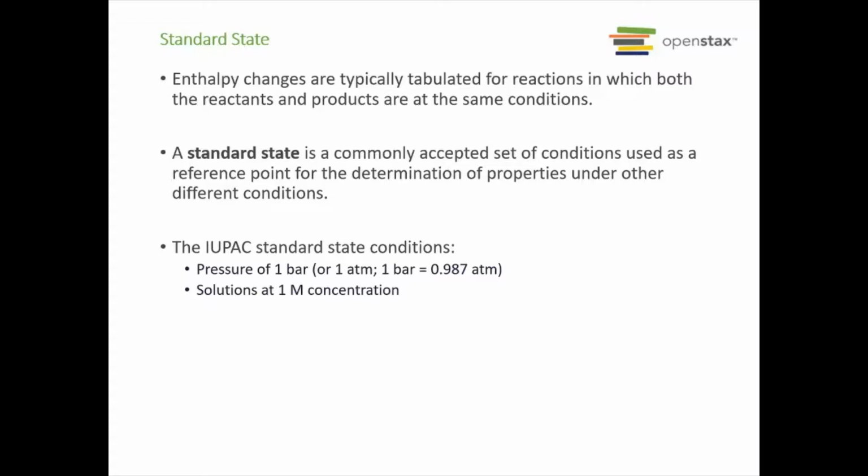Now, we often have enthalpy changes that have already been tabulated where the reactants and products are at the same conditions. And we have what's called standard state, which is a commonly accepted set of conditions used as a reference point for determination of properties under different conditions. The IUPAC standard state is a pressure of 1 bar, which is roughly 1 atm, 0.987 atm, and all solutions are at 1 molar concentration.